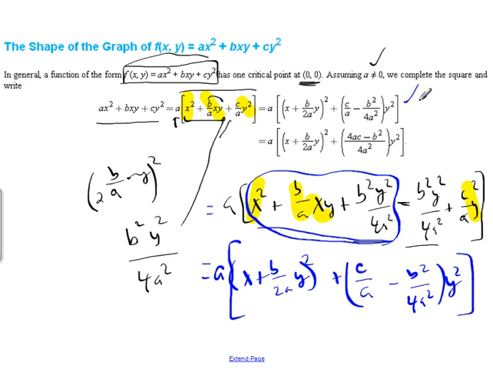And now we have exactly this form here. And to get down to the next line, we've just gotten a common denominator. And so we get this new form of my quadratic. And this form tells me a lot about the shape of the graph.